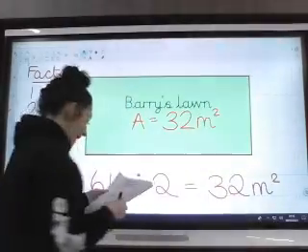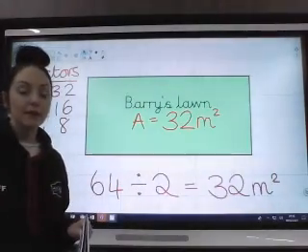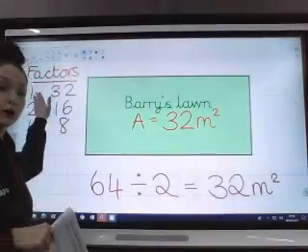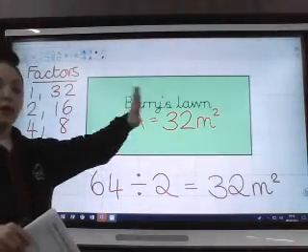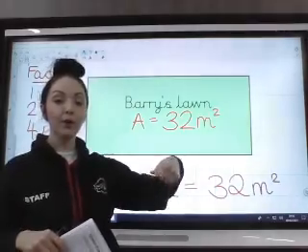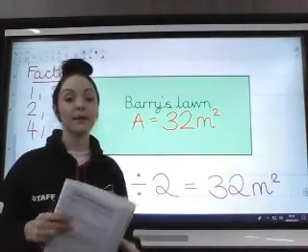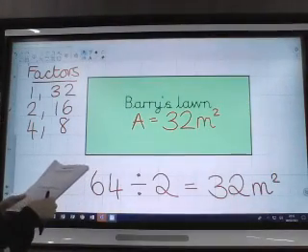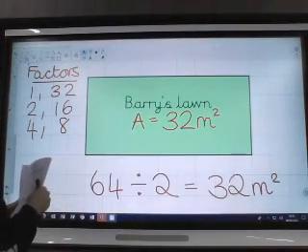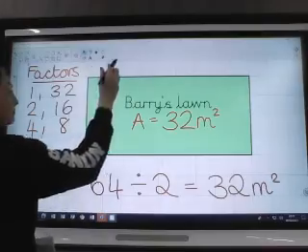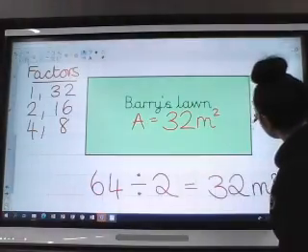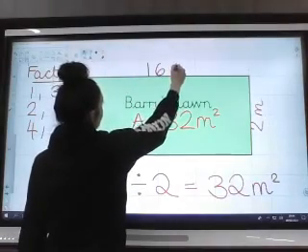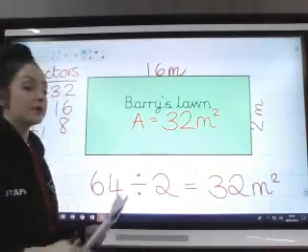So let's see then, you're going to have to work out the perimeter of each one of those, because the area would be right because they all multiply together to get 32. But a bit like the question before, just because the area is right doesn't mean the perimeter will be right. So if we're doing, for example, 2 and 16, so if this side is 2 and this side is 16, work out your perimeter.